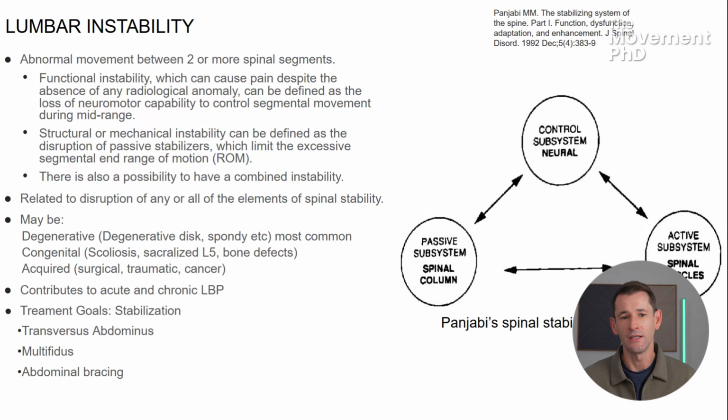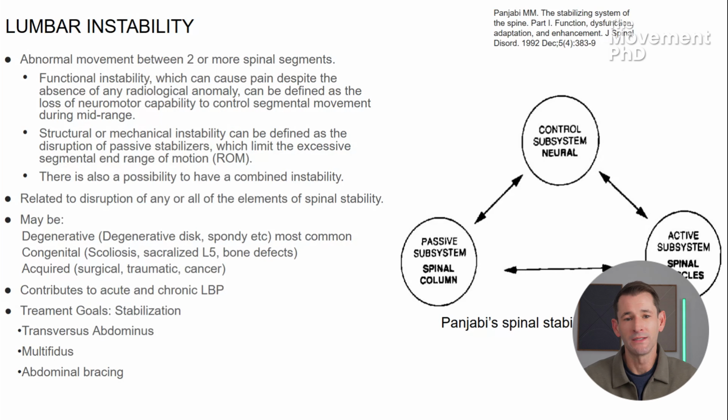So it's a structural instability because it's related to these passive structures, not the active component like in functional instability. These two things are not mutually exclusive. You can have a structural instability on top of a functional instability, or that structural instability could cause a functional instability. Either way, we have lumbar instability.